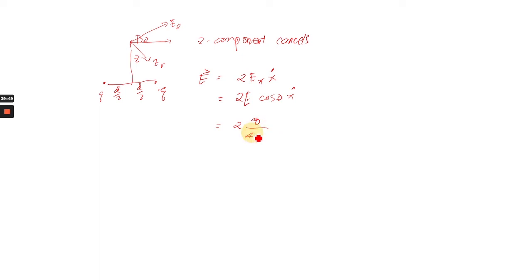So you have 2q over 4 pi epsilon naught. The cosine part is d over 2 over r, where r is the distance, and r is the square root of d squared over 4 plus z squared.